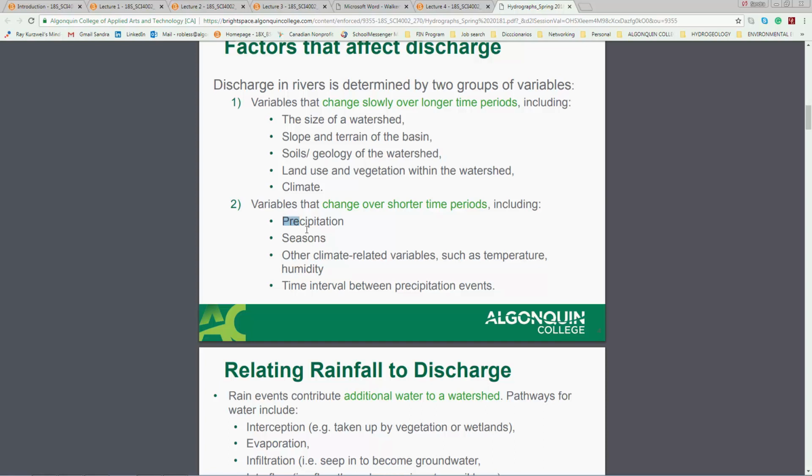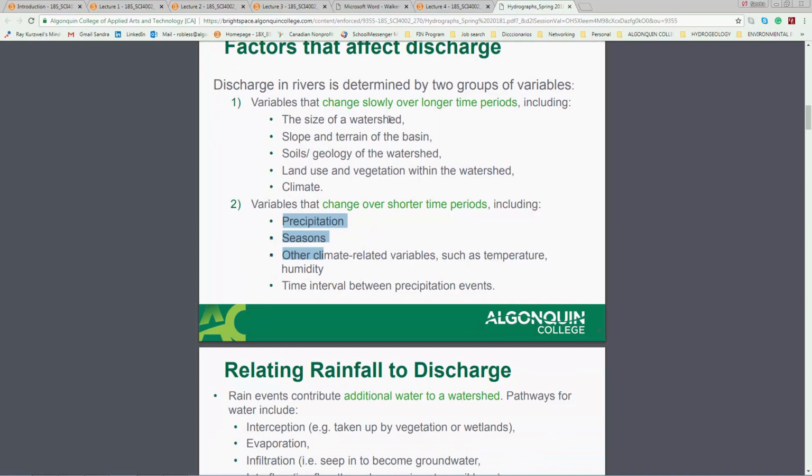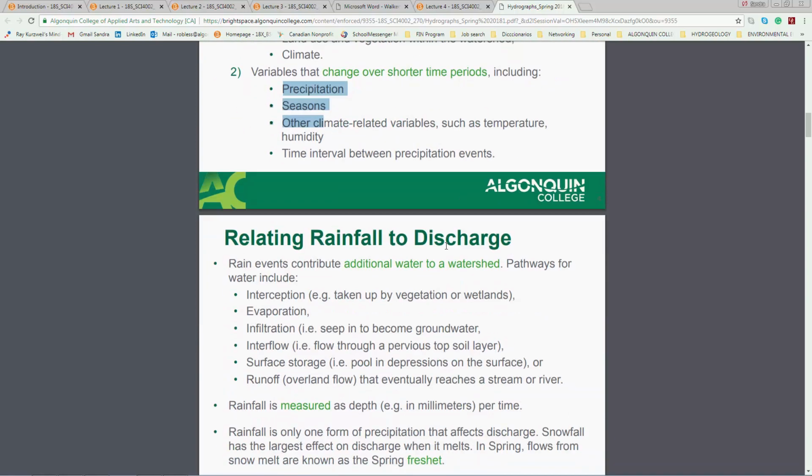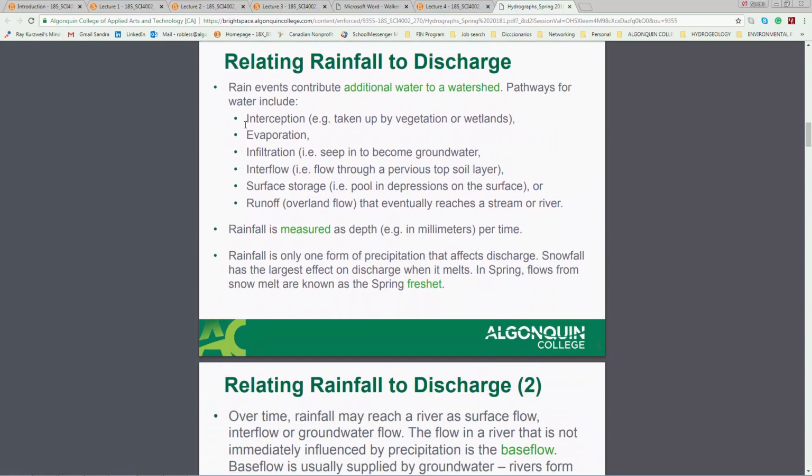On the other hand, precipitation, seasons, and other climate-related variables, such as temperature and humidity, change a little bit faster, over shorter periods of time. So it's important to identify which are the variables and how they change over time. These are important concepts to identify.